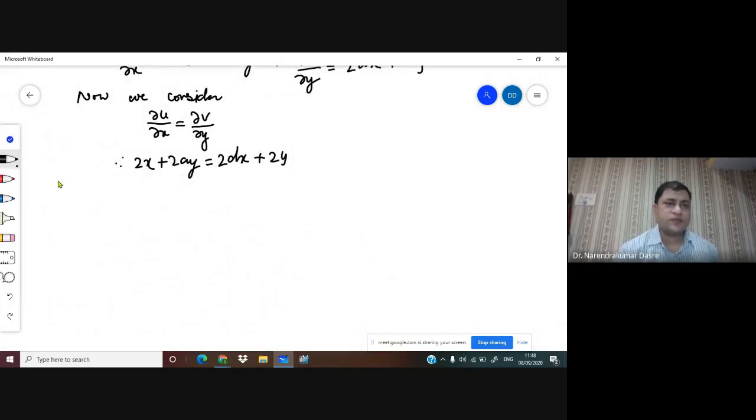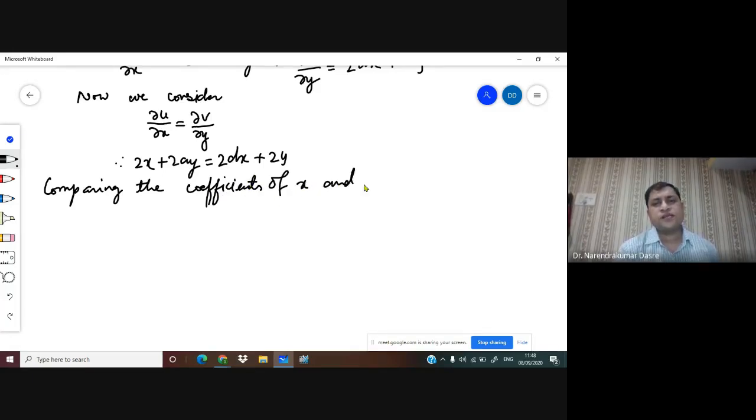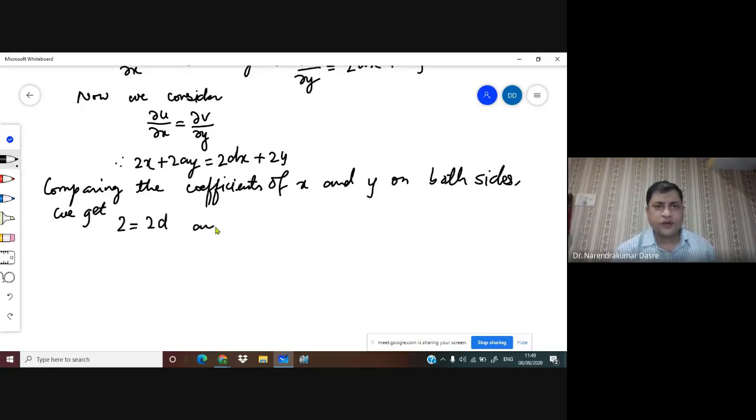Comparing the coefficients of x and y on both sides, when two polynomials are equal, their respective coefficients are equal, so we get 2 is equal to 2d and 2a is equal to 2.